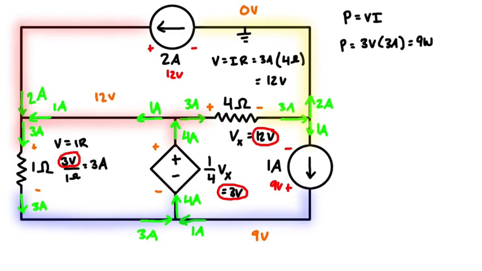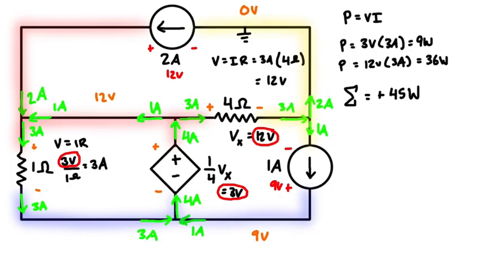And then for the other resistor, which is the 4 ohm resistor, we just have 12 volts times the current, which is 3 amps, and that gives us a total power dissipation there of 36 watts. We can sum those together, and then we'll just get the total is positive 45 watts of power dissipation from the resistors.